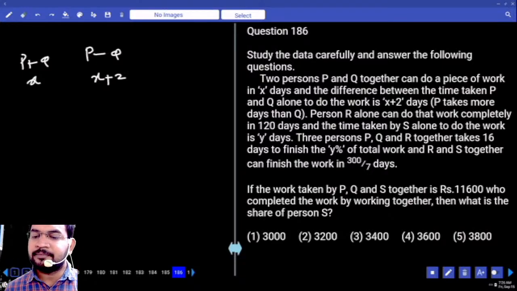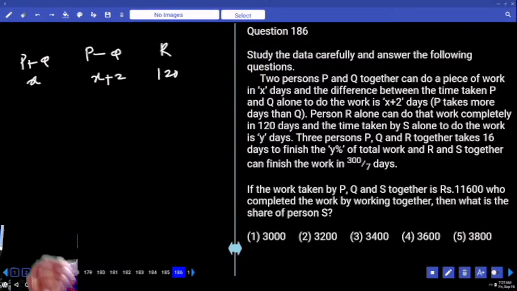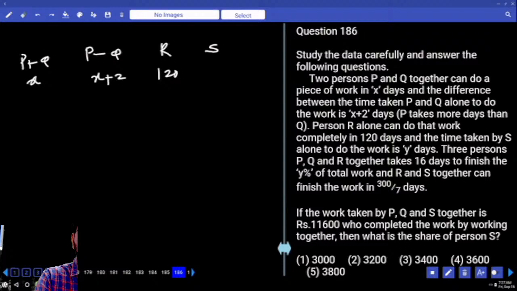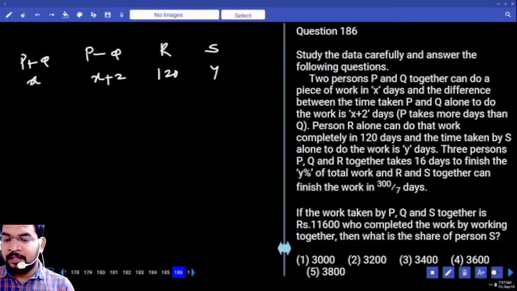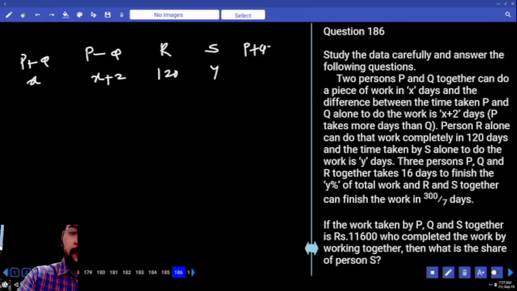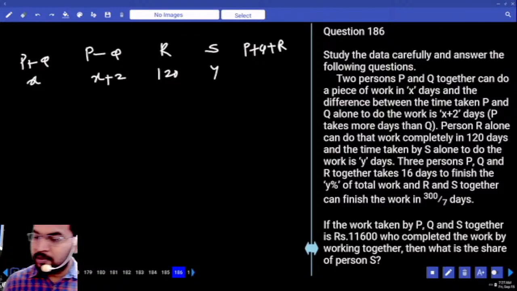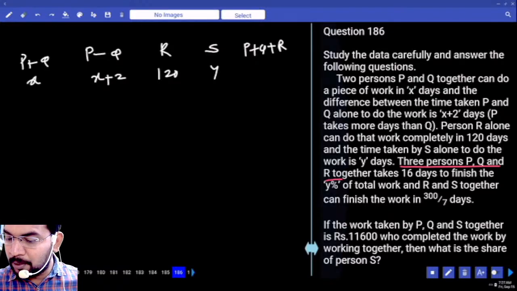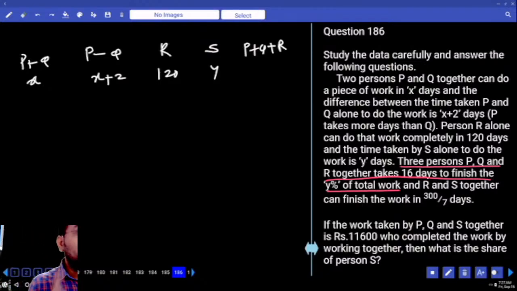Next nana, person R alone, how many days nana? R alone 120. Next, the time taken by S alone: Y days. Next ana, 3 persons PQR together take 16 days to finish Y percentage of the total work, not the total work, Y percentage of the total work.